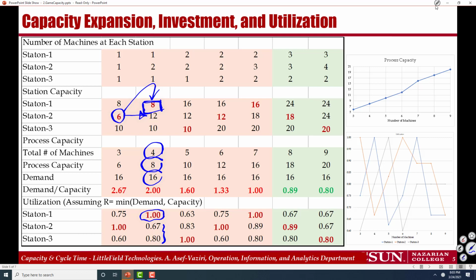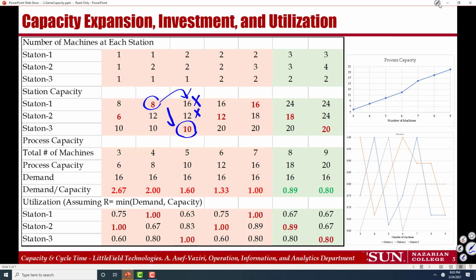Now suppose again we want to increase capacity. Bottleneck is 8. We buy another machine and capacity of station 1 goes to 16, but the capacity of the process is neither 16, not even 12, but 10.